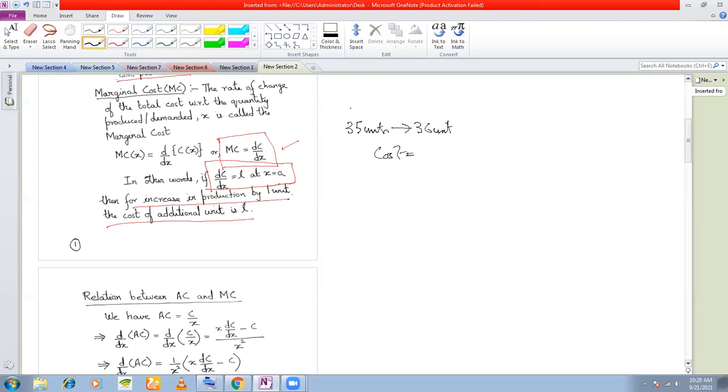So if the cost here was C, then the cost here will be C plus L. That is what it means. So the change in cost is equal to L. Remember this, okay? This is given by dC/dx. This L, this increment, is nothing but dC/dx.